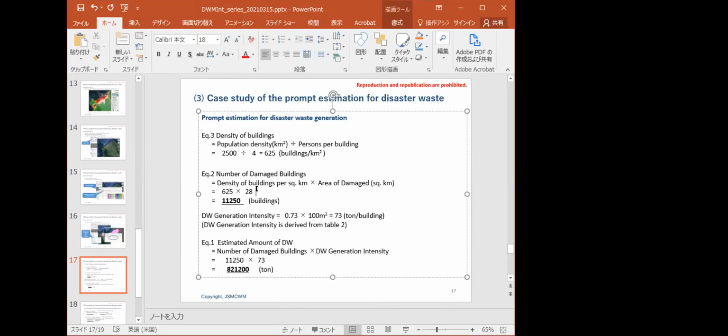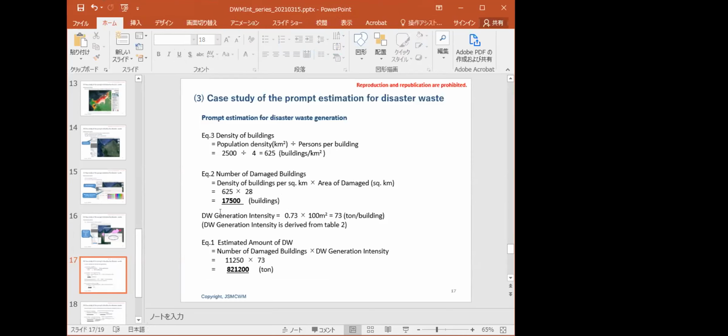So 625 multiplied by 28 equals 17,500 buildings in the affected area we imagined.